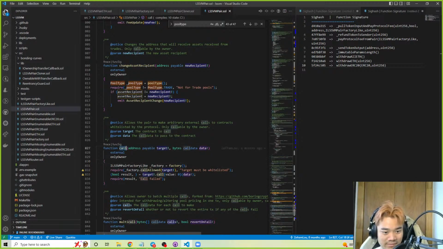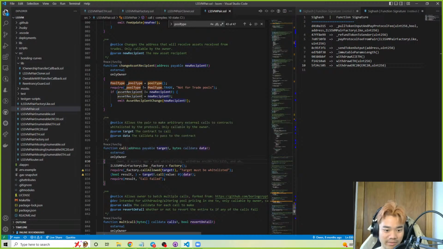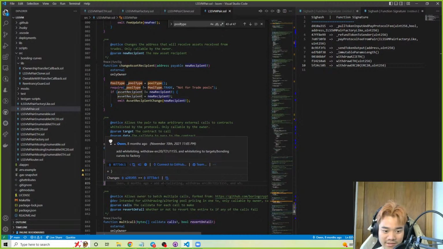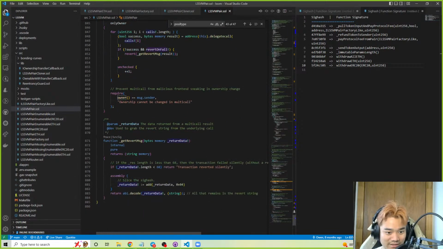Okay, interesting. Owner can make calls to other contracts from the pair. So this is like your permission delegate call. Same with multi-call, makes sense.